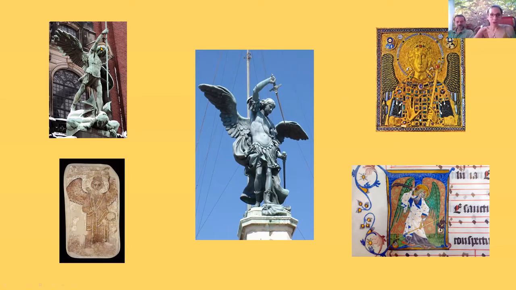Up here in the top corner, we have Michael slaying the demon Satan, Lucifer. This is from the St. Michaelis Church in Hamburg. This is a 9th century mural from Makuria, which is now considered Sudan and southern Egypt. This is the Castel St. Angelo in Rome.